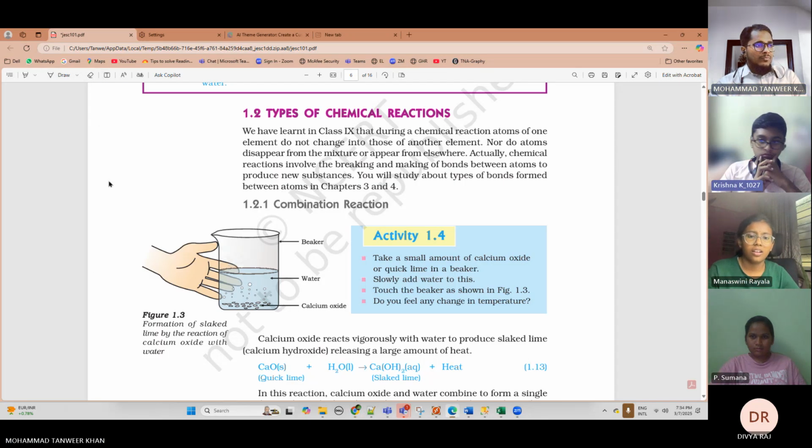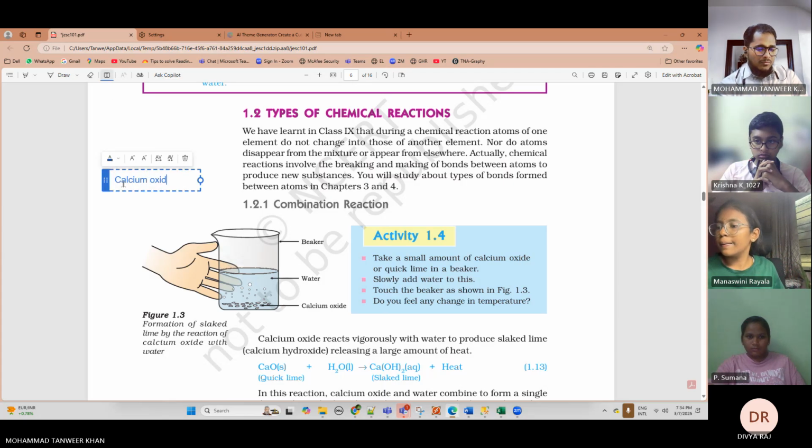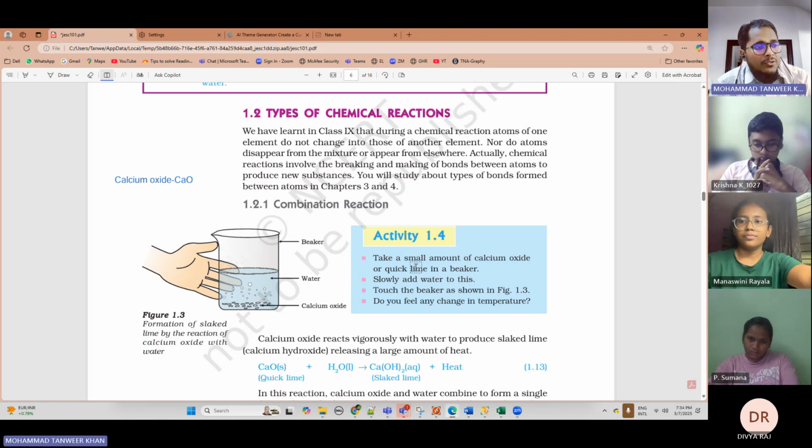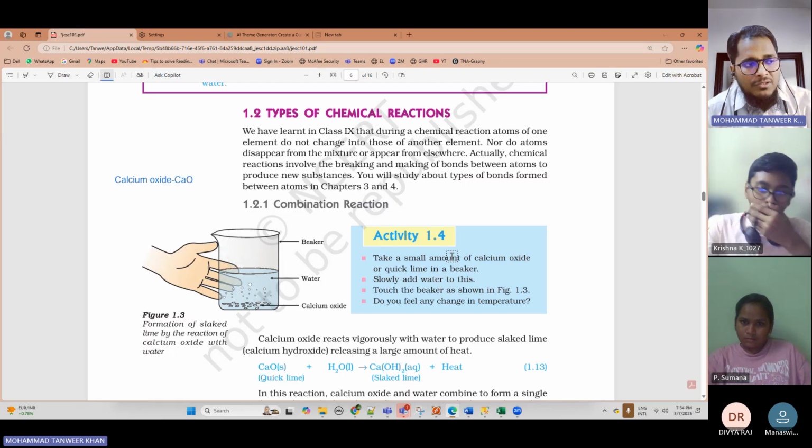Good. This is the formula of calcium oxide. So you have to take a small amount of calcium oxide in a beaker.